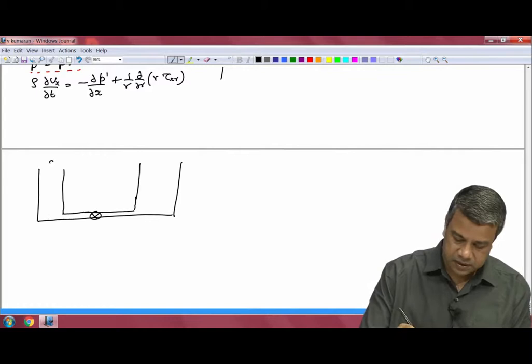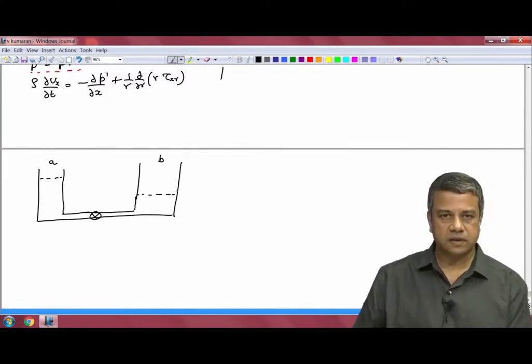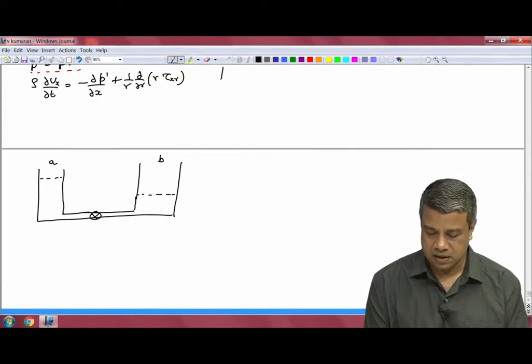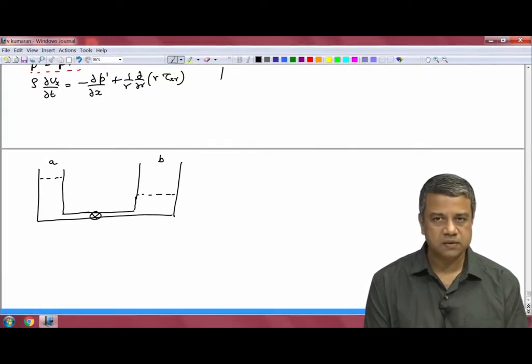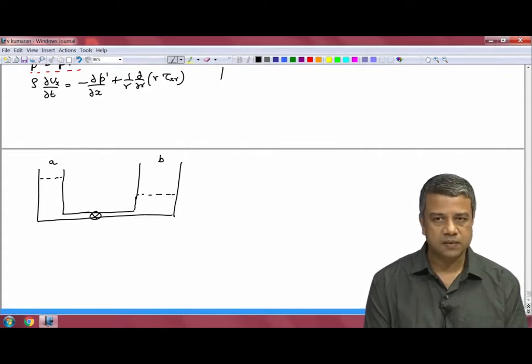I will call this tank A, this tank B. There is a difference in the water level or the fluid level between these two tanks, and at time t equal to 0 you open the valve between these two, and you want to find out the time it takes for the fluid to flow from one tank to the other. So, that is the problem.